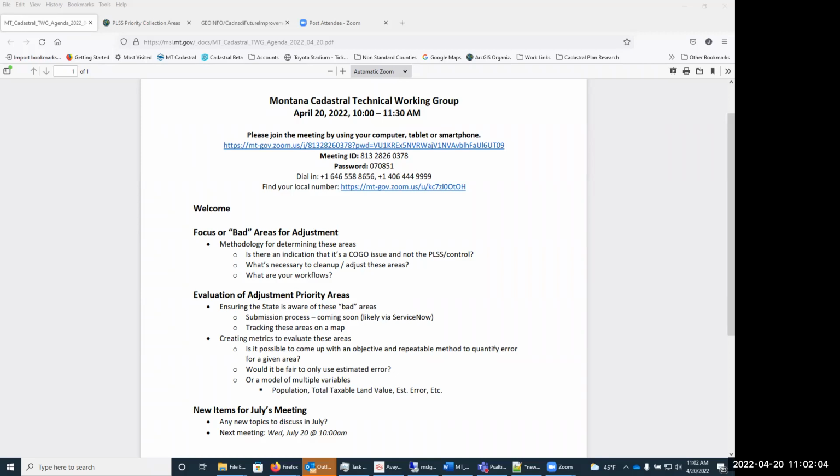If we need some control out there, he's definitely willing to put that on his agenda to go out and get it. But they do a lot of campaigns. The latest one, a couple of years ago now, was to GPS all the intersection monuments that we have in the city, which really helped our accuracy in the city. It's huge to have a good working relationship in that respect.